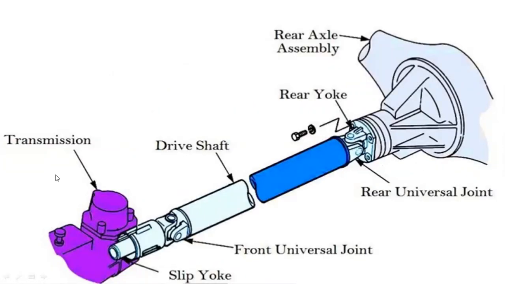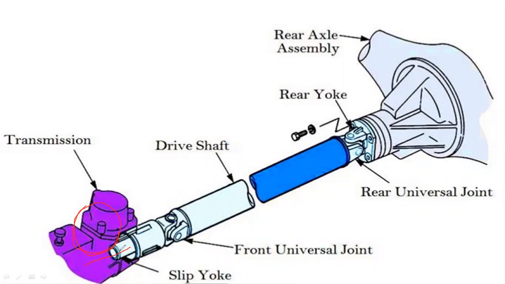Next, you can see the connection and how we should connect the propeller shaft in the automobile vehicle. There is an engine, and in that engine we have the transmission system. In the transmission system, the shaft placed in between is the driving shaft, that is the engine connecting shaft.